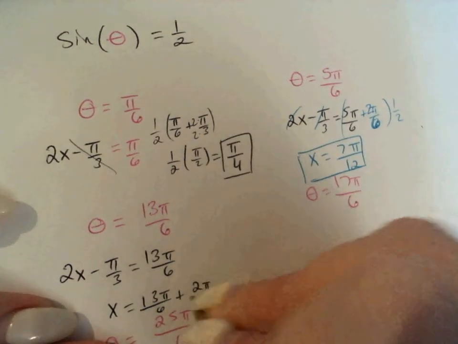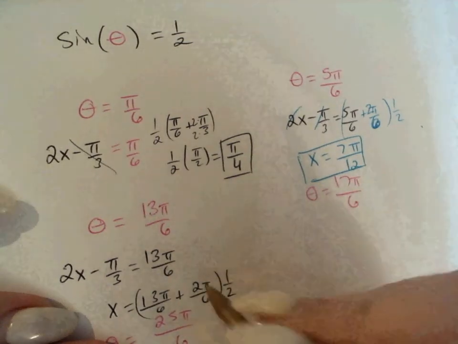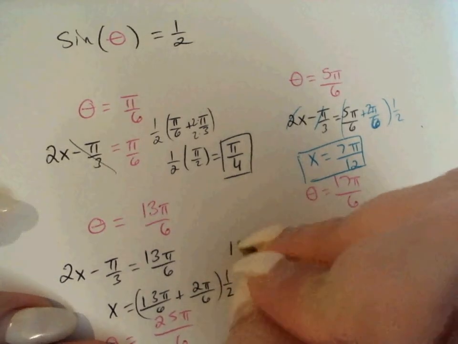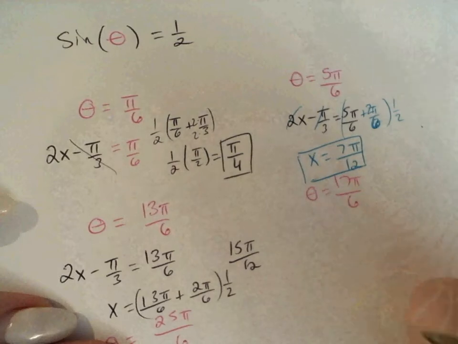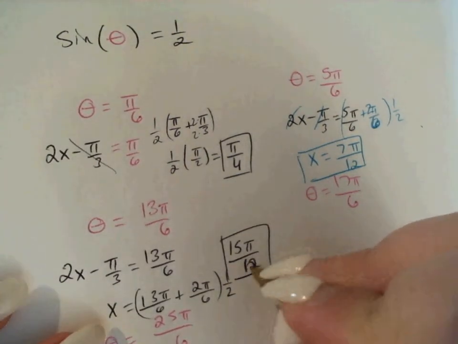If we take 13 pi over 6, we add 2 pi over 6, which is 1/3, and we multiply by 1/2. So that's 15 pi over 6, so 15 pi over 12.